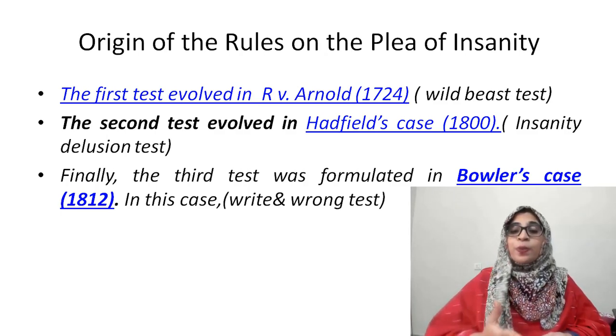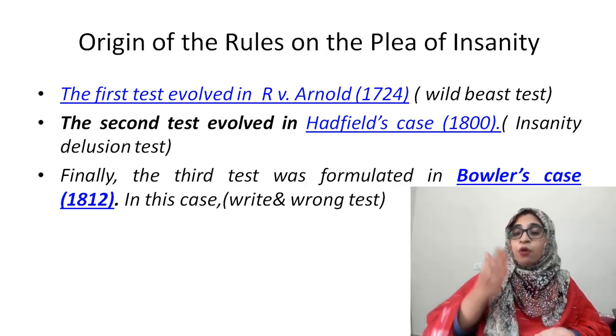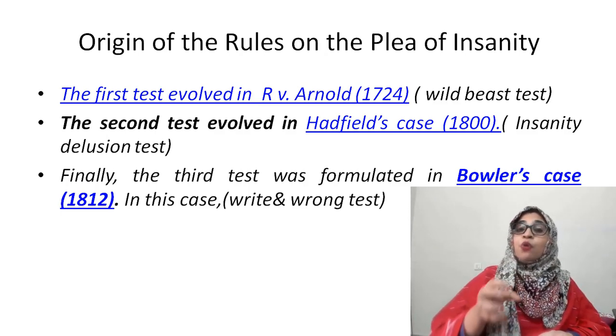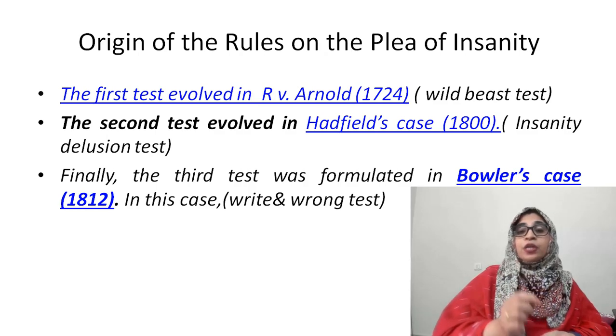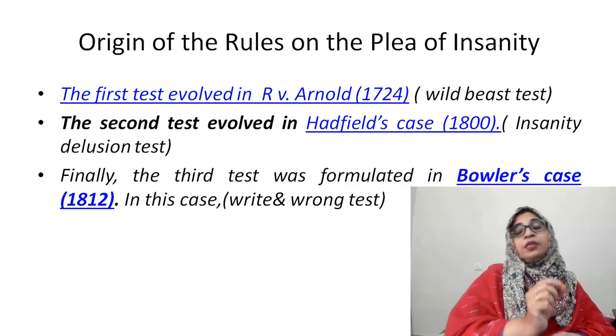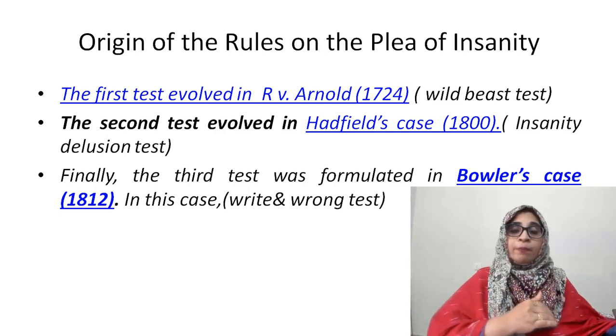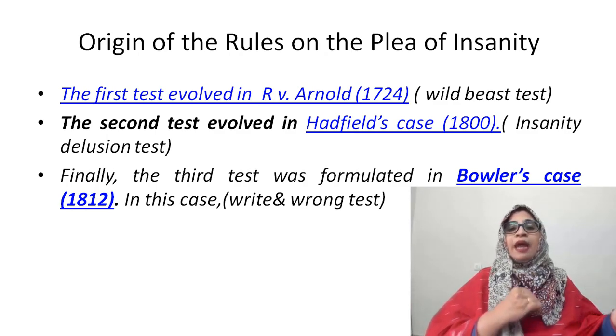According to this insane delusion test, they decided that a person having delusion also comes under insanity, but whether this is punishable or not was decided in the McNaughton case.